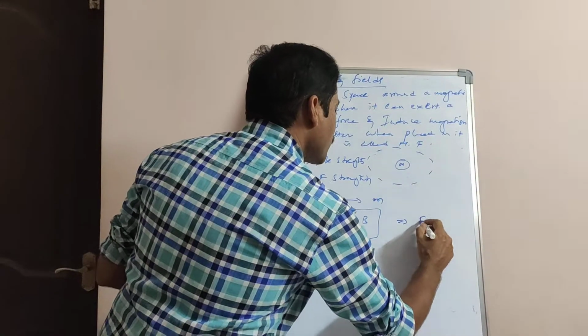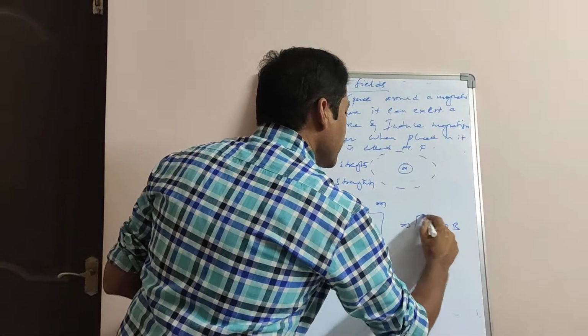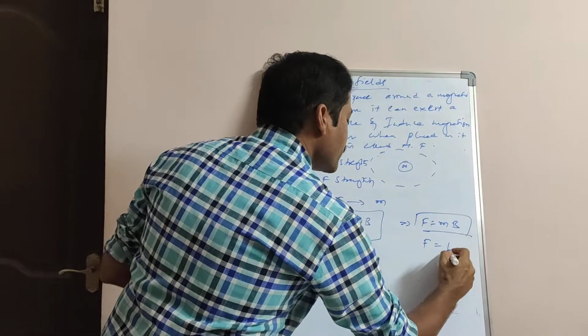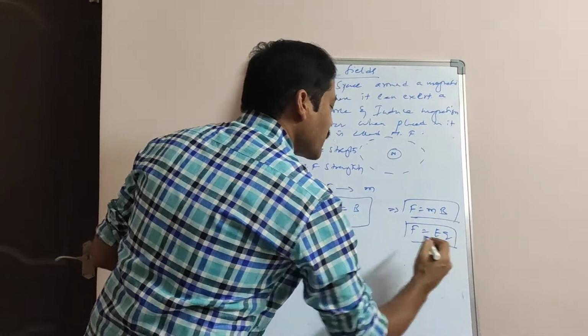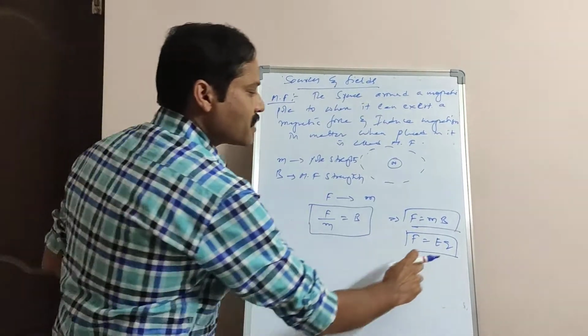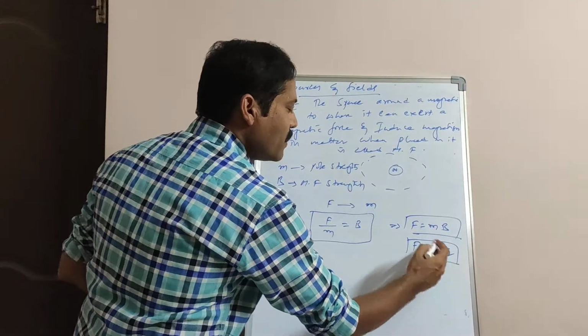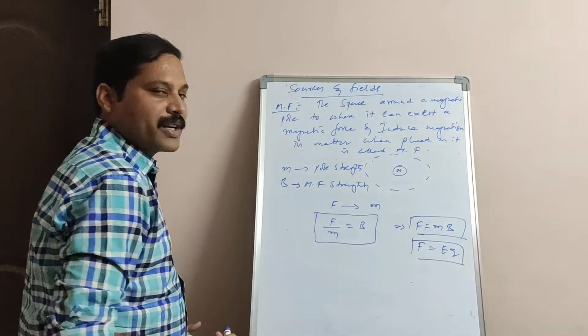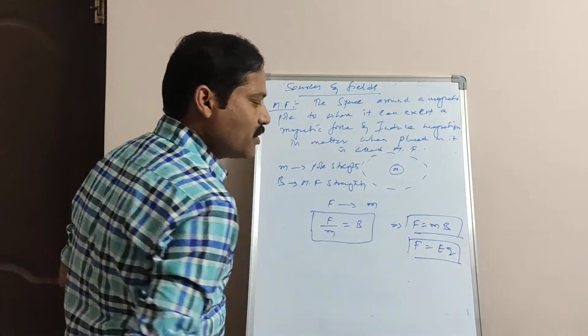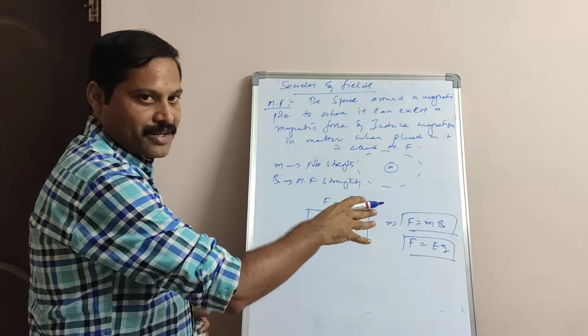So from that you can take F is equal to MB. So these are the two basic equations. One is F is equal to EQ, that means force experienced by the charged particle when placed in electric field is given by F is equal to EQ. Force experienced by the magnetic pole in magnetic field is given by F is equal to MB. So these are the two basic equations, right?